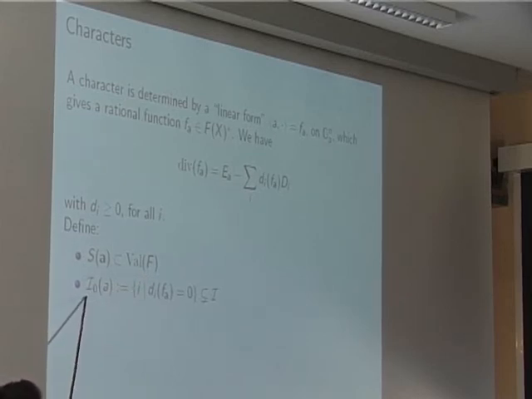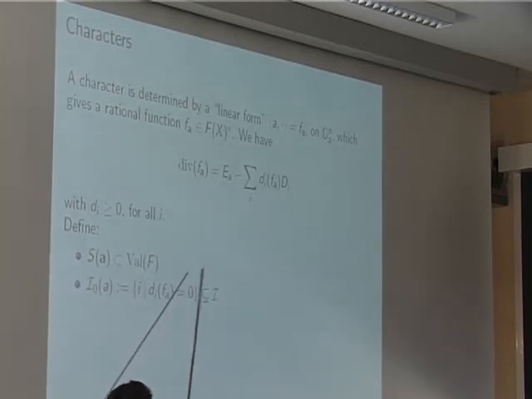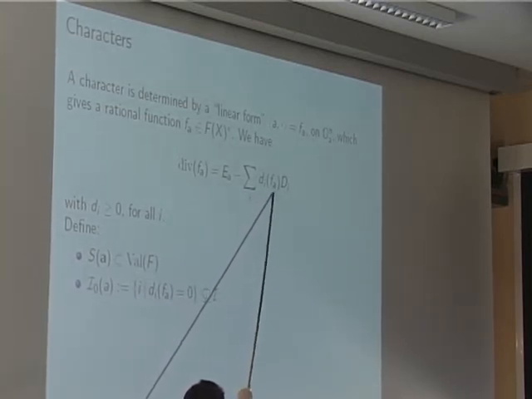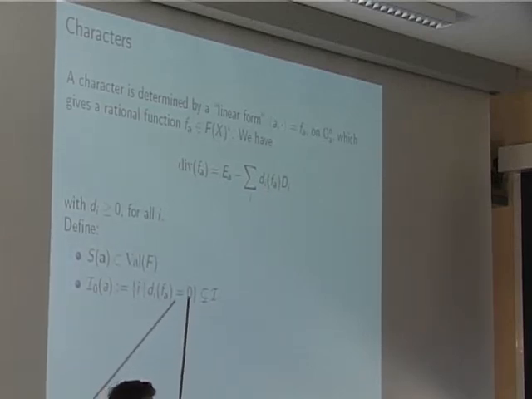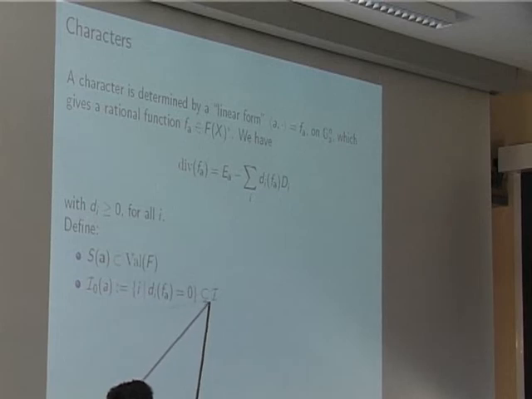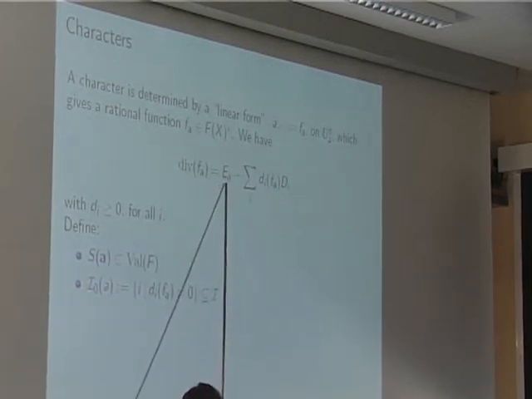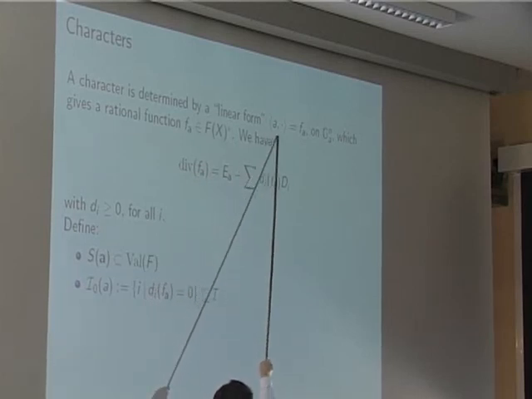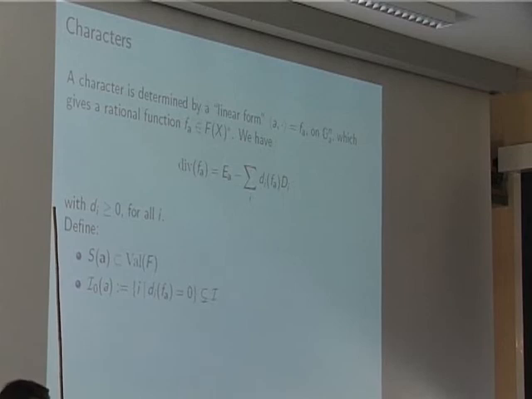And then let this be the set of all those indices where the di of this fA is just 0. Now, it can't be 0 throughout. So this is really a proper subset of the set of all indices, because if you had 0s throughout, then there wouldn't be any zeros, but clearly this has zeros. For A non-trivial, it's really a non-trivial function, so there have to be zeros and poles.